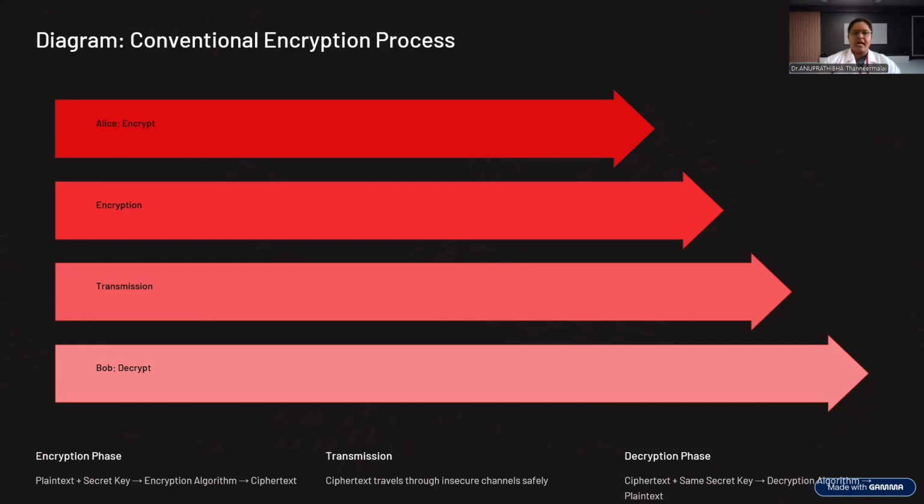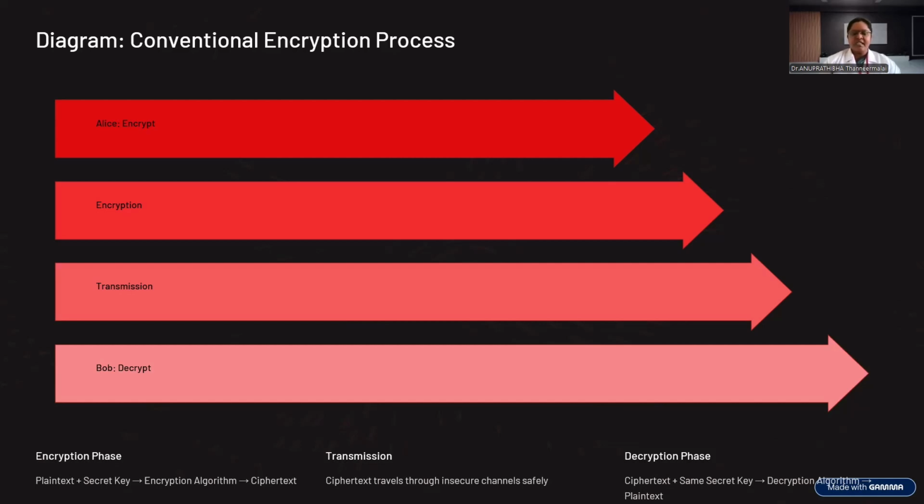Alice will be encrypting the plain text. Plain text is the actual message we want to convey to the other person. That is what is said to be encrypted, and it is converted into the ciphertext with the help of the encryption algorithm. Finally, the ciphertext is created and it is transmitted through insecure channels safely.